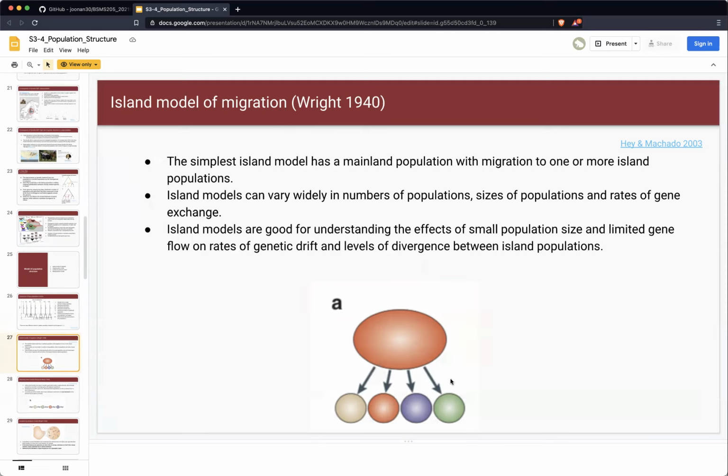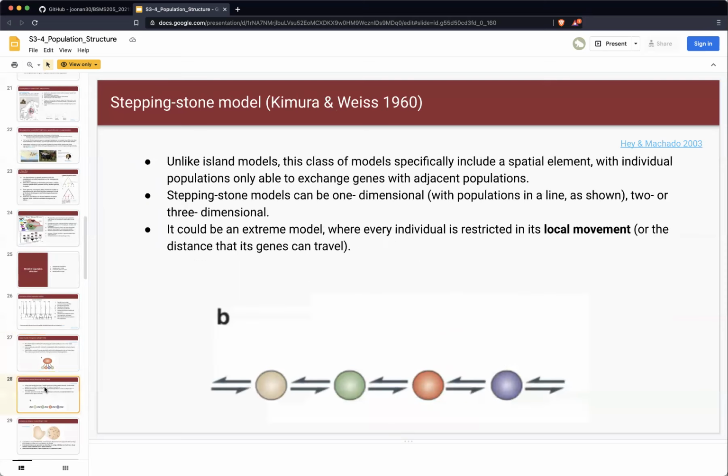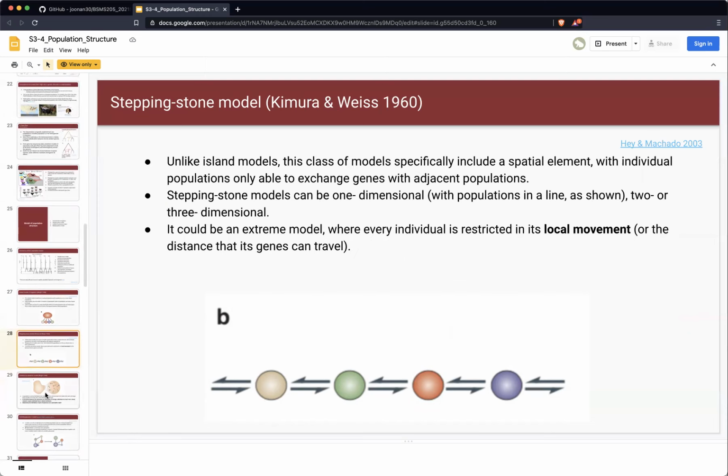So this is like spreading out like tiny islands. And the stepping stone model is the evolved way, in each step. So they migrate to here and to here, or sometimes they move backward to the previous step. So this is like the movement between different local regions, right?